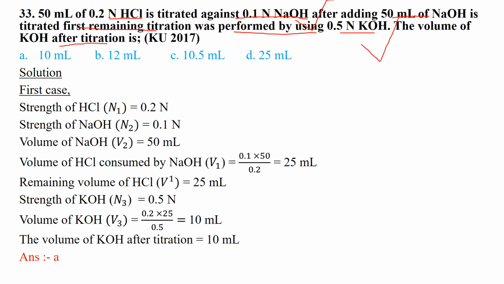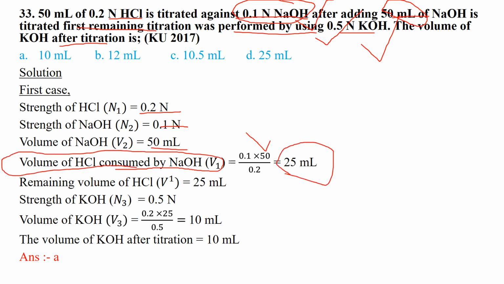First it is titrated with 0.1 normal NaOH, and 50 ml of NaOH is used in the first case. In the second case, the remaining HCl solution is titrated with 0.5 normal KOH. Now, in the first case, the strength of HCl is given, the strength of NaOH is also given, and the volume of NaOH. Then the volume of HCl consumed by NaOH in the first case will be 25 ml by using the normality equation. Very simple questions.